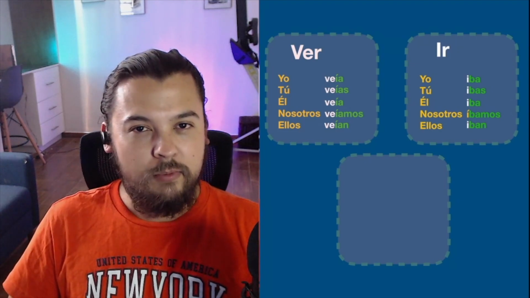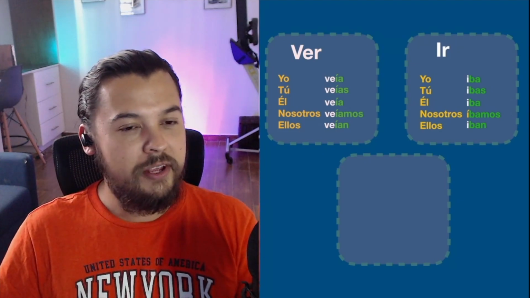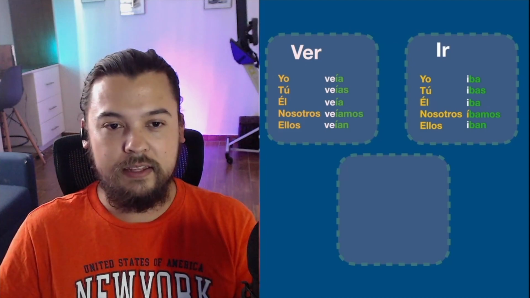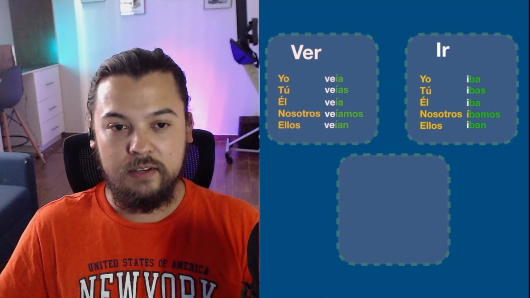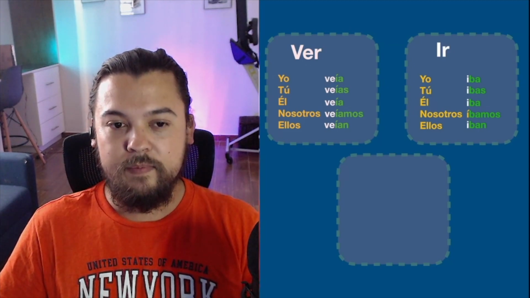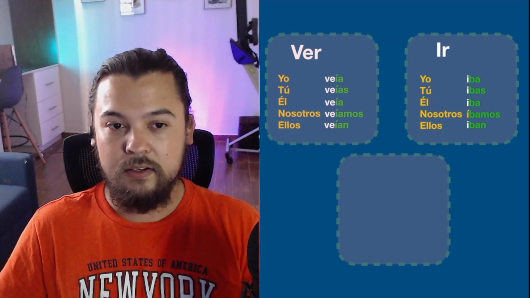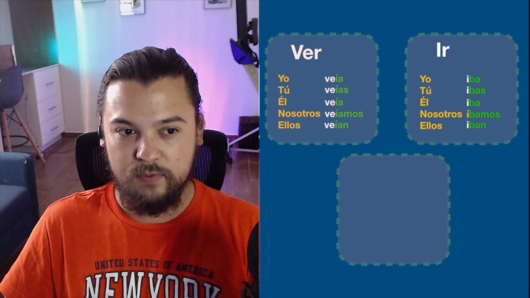Now, this one is easier if you think that it is using the AR endings, but instead of the first A, you have an I. And also remember, you have to keep the accent or the tilde in the nosotros form.